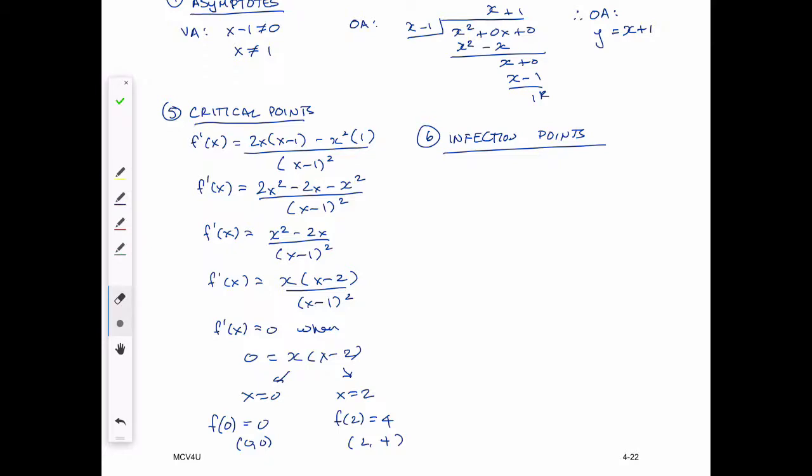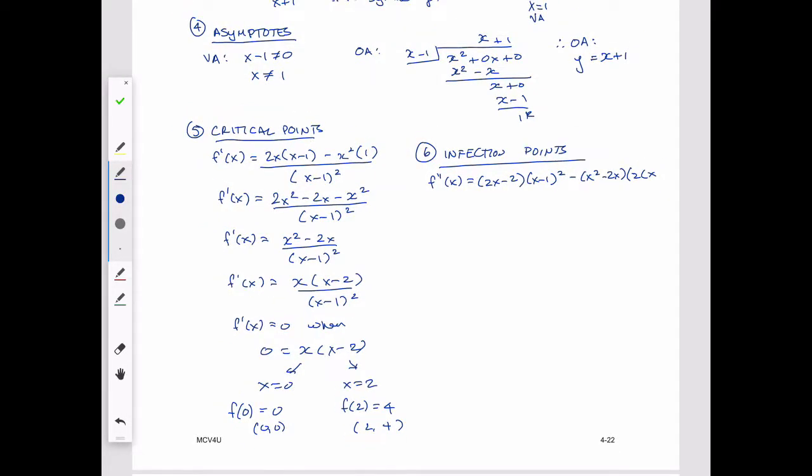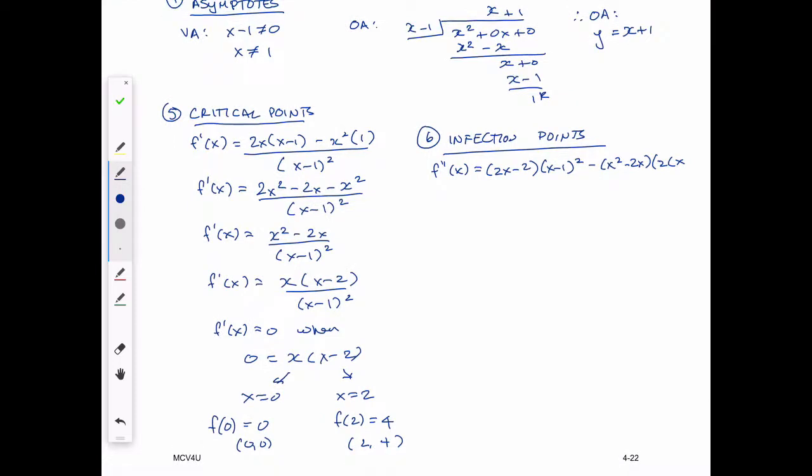So we have f double prime of x, and that's going to be equal to our numerator prime times the denominator all squared, minus our numerator times the denominator prime.